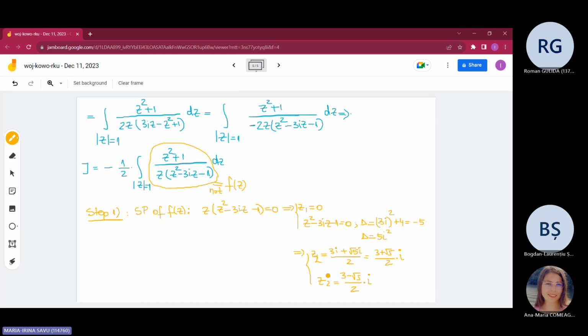Oh, sorry, let's say z2 and z3 because we already have a z1, okay? So let's say z2 and z3. And now you have 3 singular points, z1, z2, and z3. And this was step 1.